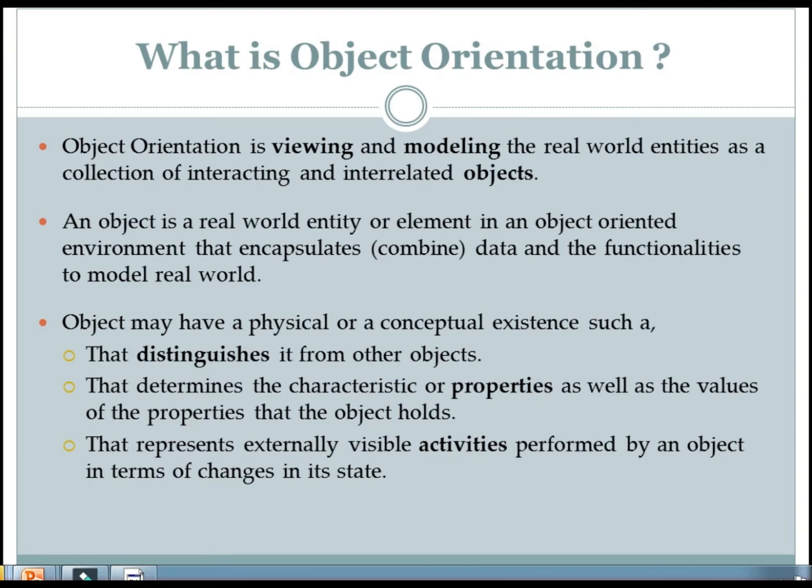Then objects represent externally visible activities performed by an object in terms of changes in its state. For this statement, we can have an example: when an object gets admission into a class, the value held by that activity changes, meaning admission taken or admission pending, and so on.